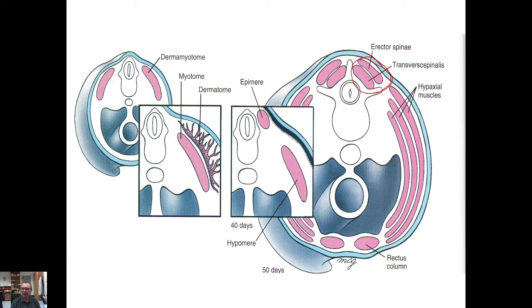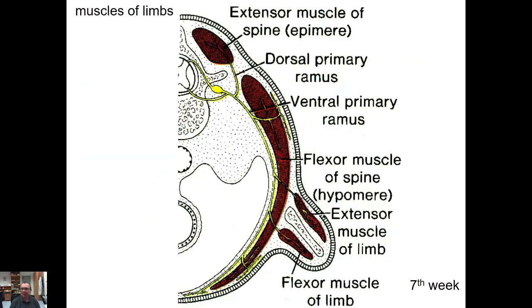In the area of trunk, they give rise to 3 layers of intervertebral or abdominal muscles, also musculus rectus abdominis is hypaxial, and they migrate, or their myoblasts migrate also to limbs. So extensors and flexor groups of limbs, all the muscles of limbs are also hypaxial.